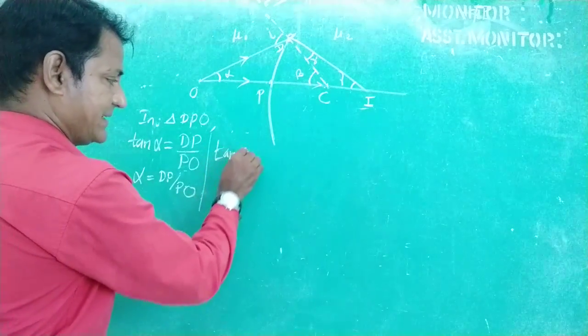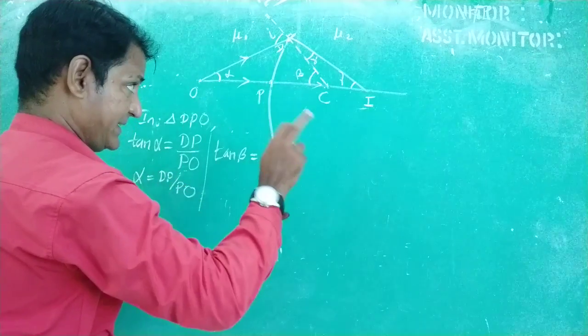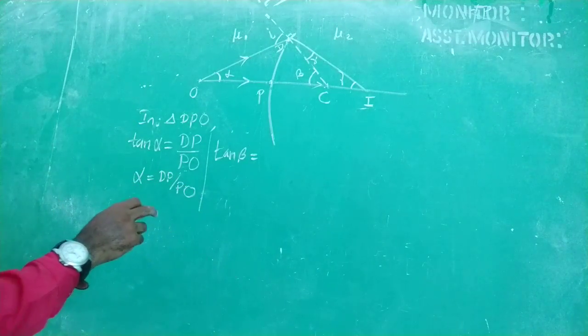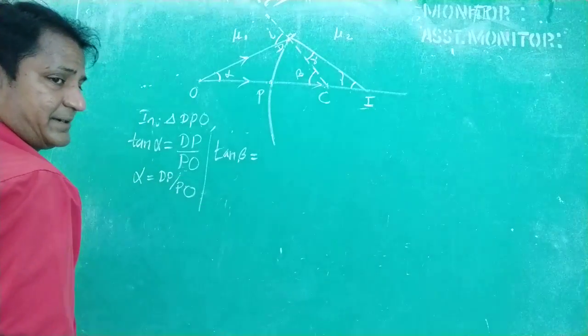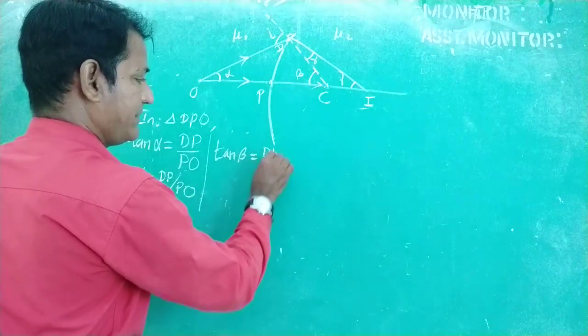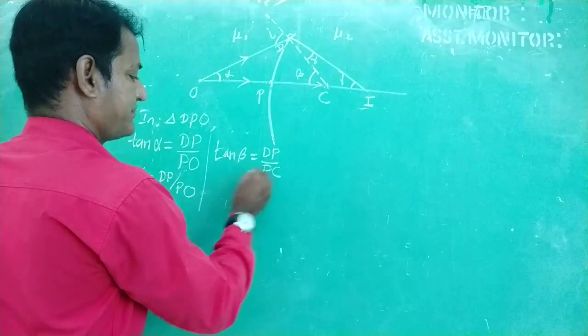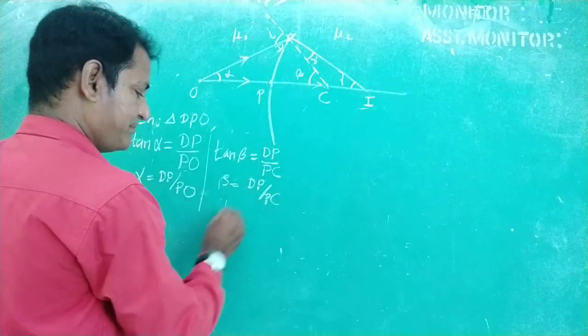And tan beta, in triangle DPC, is equal to DP by PC, or beta is equal to DP by PC.